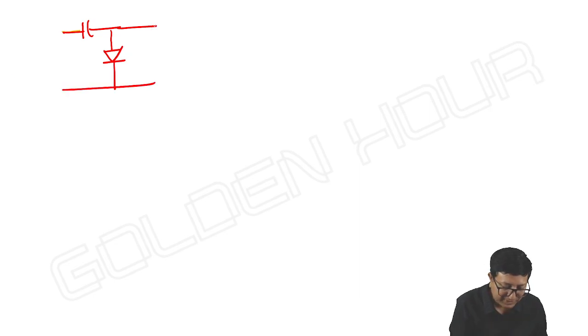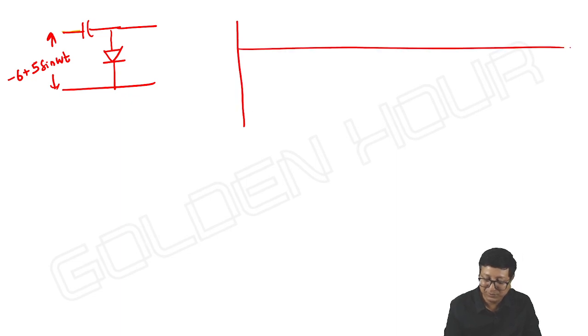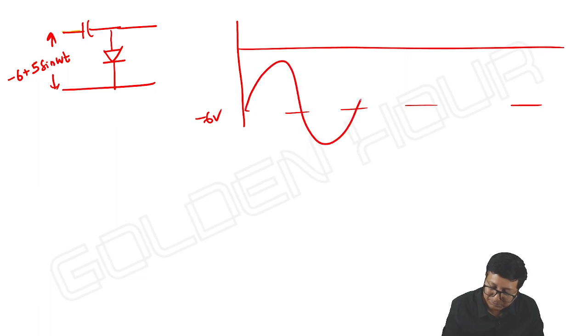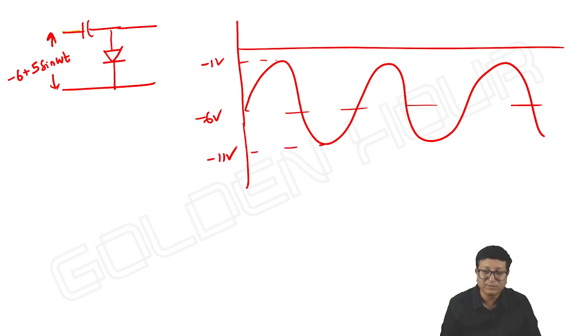Suppose I have the same clamper, and I take the input as minus 6 plus 5 sin omega t. Then what is the V input peak? If you take the input waveform, how does it appear? It goes from minus 6 to minus 1, and minus 6 minus 5 is minus 11.